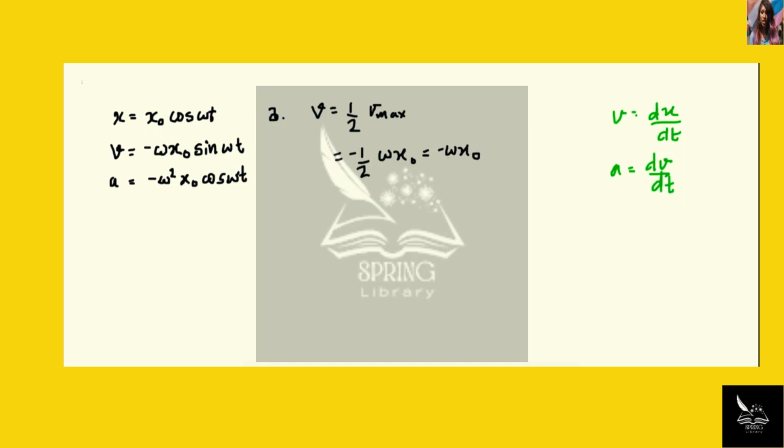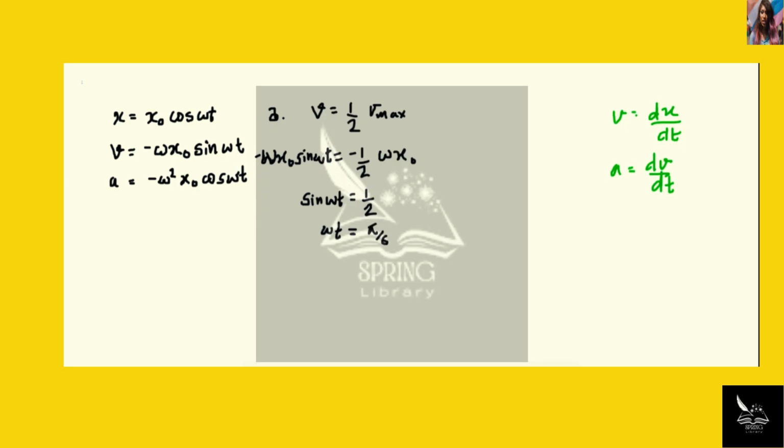Let me write it the other way because we will not have space. So half of omega x naught equals omega x naught sine omega t. If you compare the LHS and RHS, this gives me sine omega t as 1 by 2. So for that condition, omega t should be 30 degrees, that is pi by 6. I love writing pi by 6 instead of 30 degrees.